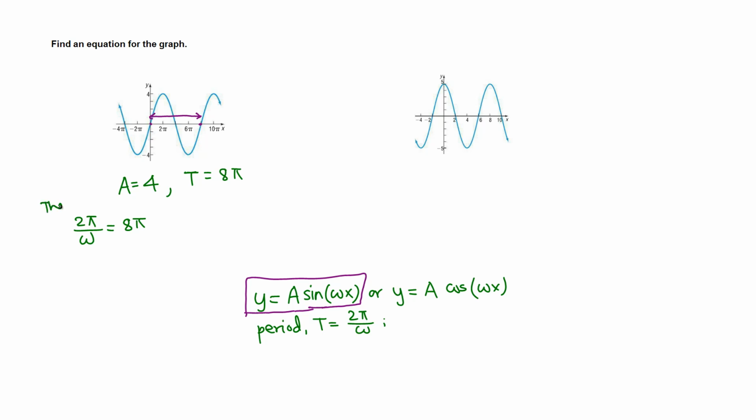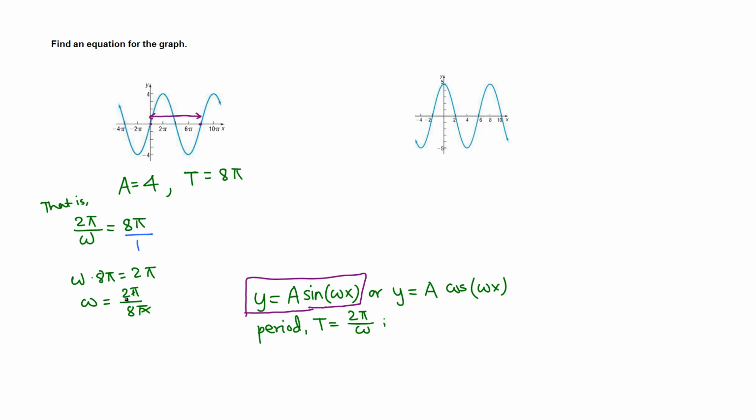We can always assume 8 pi over 1, cross multiply. So omega times 8 pi equals 2 pi. Divide both sides by 8 pi. Omega equals 2 pi over 8 pi.